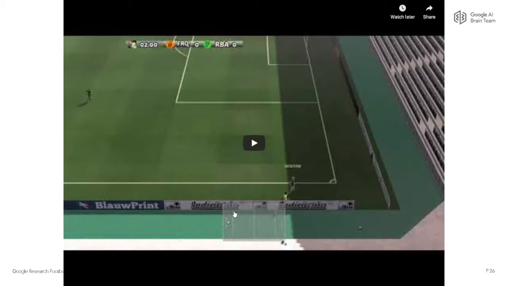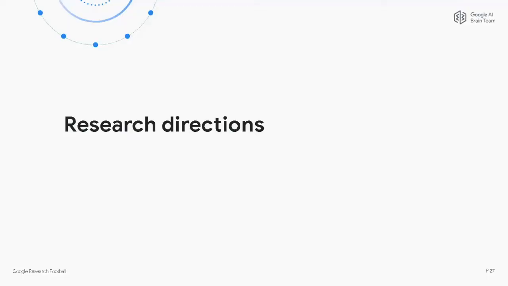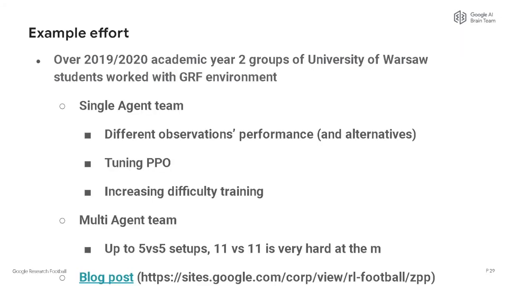So it was trying to make the environment freeze in a way, and we had to fix those issues. So in terms of research directions, here we have yet another video, which I will also provide a link to after the presentation.